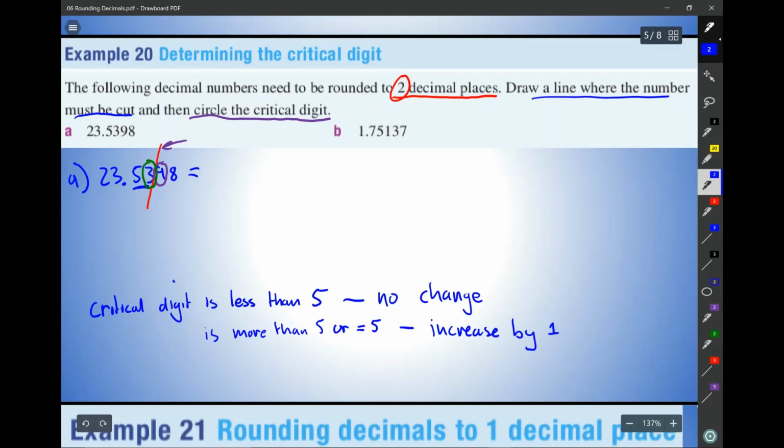So what that means is that because our critical digit here is 9, which is equal to 5 or more than 5, that means this 3 is going to become a 4 when we round off. Okay, let's practice that a bit more and hopefully it will make more sense.